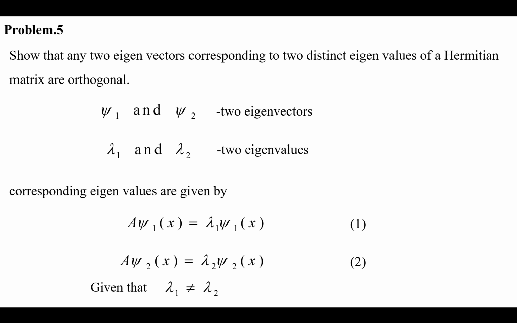Lambda 1 and lambda 2 are the corresponding eigenvalues. Now the eigenvalue equations are given by A psi1 equals lambda 1 psi1, A psi2 equals lambda 2 psi2. We will keep these as equations 1 and 2, and of course it is given that lambda 1 is not equal to lambda 2.